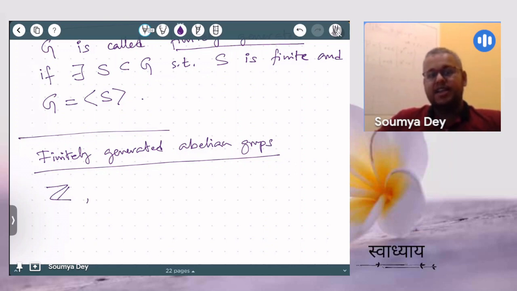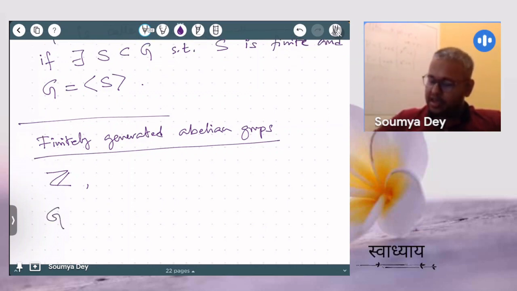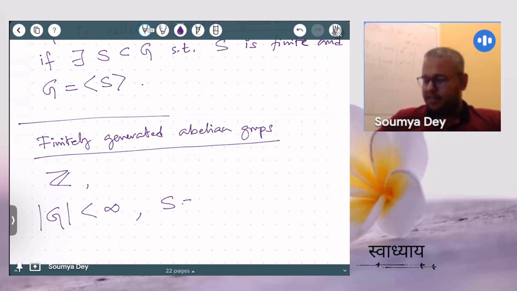What about any finite abelian group? Any finite group is definitely finitely generated, right? Why? Suppose G is a finite group. So |G| is less than infinity. It's finite. What can you take S to be? Very good. It generates itself, right? So S can be G. You take all elements to be your generating set.